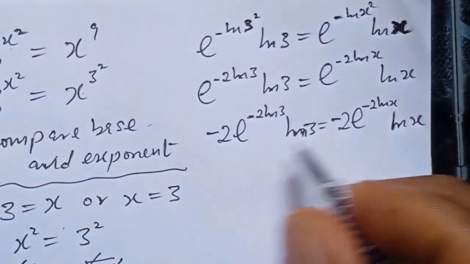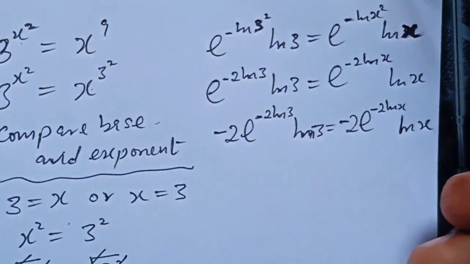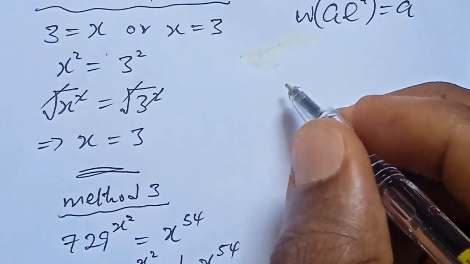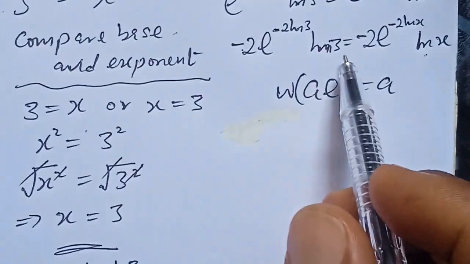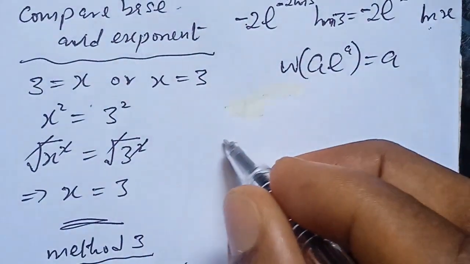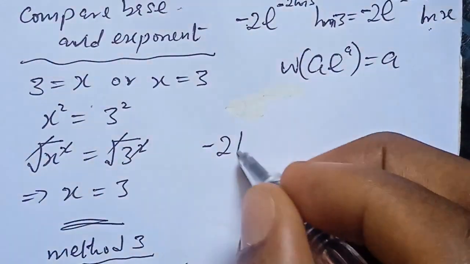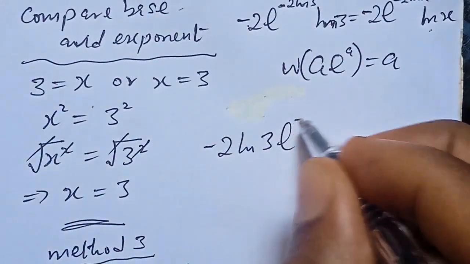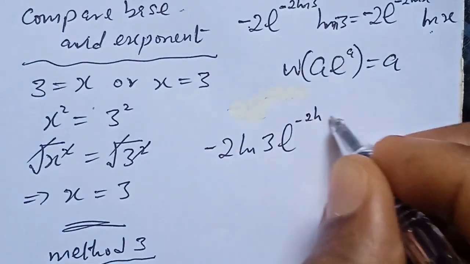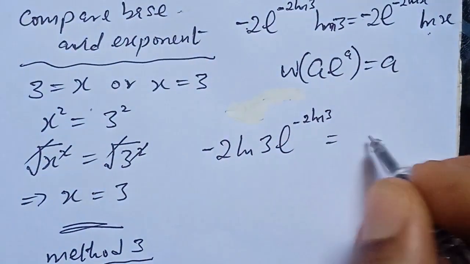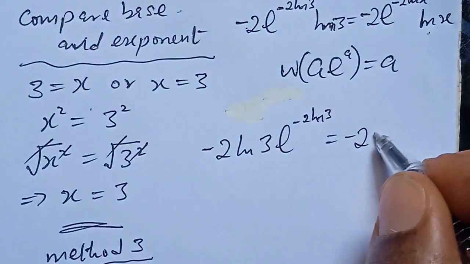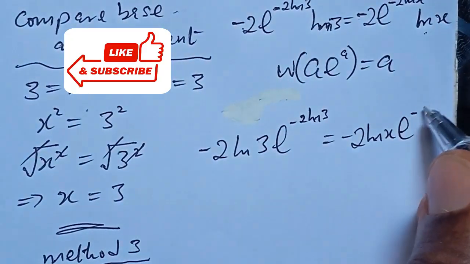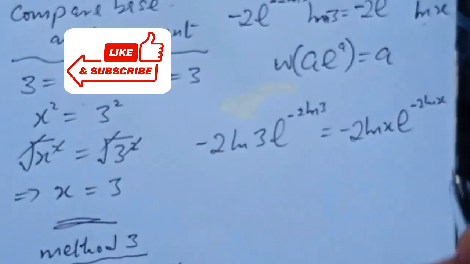Now here we can apply the Lambert W function. Considering the Lambert W function, we can rewrite this expression as minus 2 natural log of 3 e to the power of minus 2 natural log of 3 equal to minus 2 natural log of x e to the power of minus 2 natural log of x.